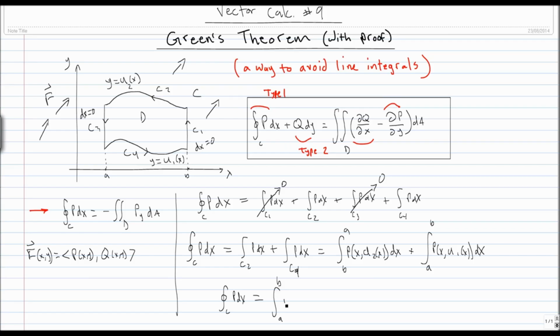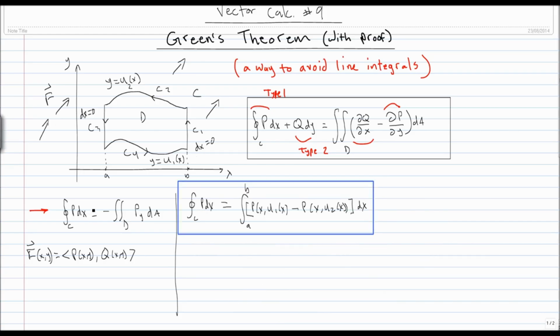This one would be the positive one, p of x, u1 of x, and this integral here would be negative. That's as far as we have to go with this.